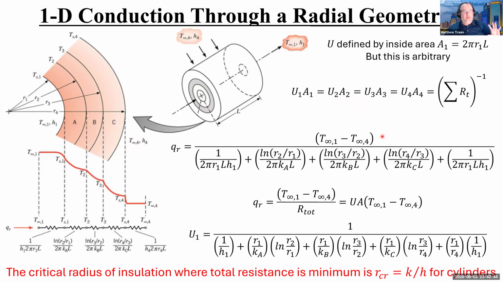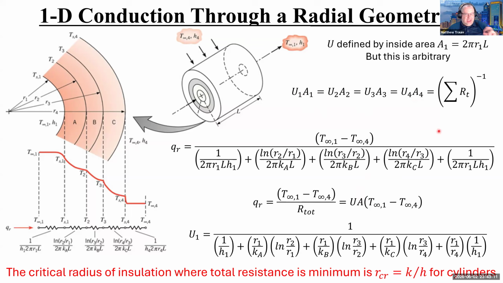So again, when we do heat exchanger design, this is going to be important because in heat exchanger design, a lot of times you have tubes that are carrying hot fluid, and then there's some cold fluid on the outside, and they're trading heat with each other, and you end up calculating U values instead of resistances. So I just want to point out that this is here, so that when we get to heat exchangers, you'll recognize what these U's are, what they represent.